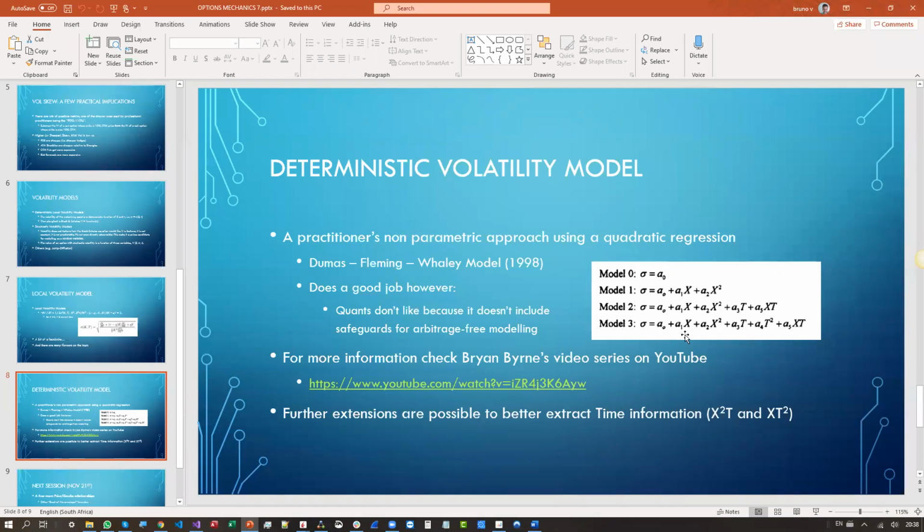But in my own research, I actually found out that we can add more terms. And of course, if you make your model more complex, you need more points. So coming back to what I said earlier, it's always better to sample with a minimal number of points.